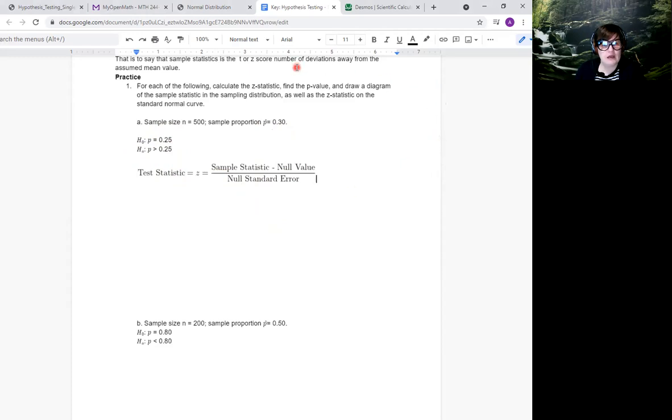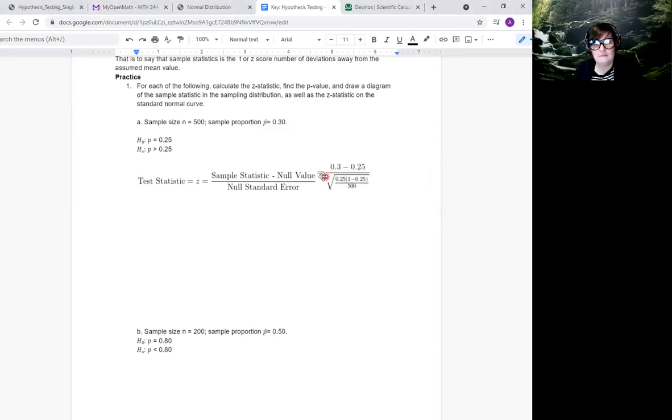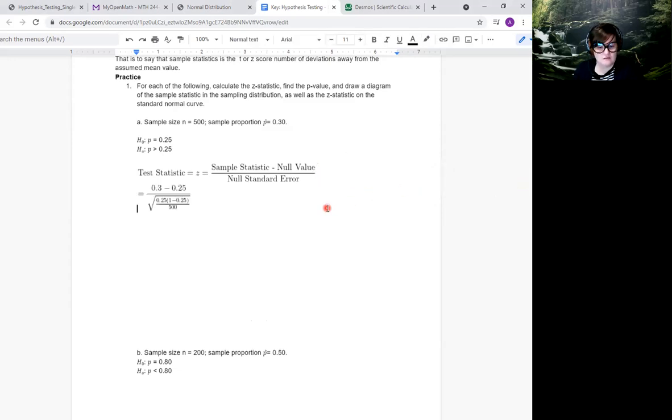Now you can scroll back up and find the null standard error, but I actually have it already written out. Go ahead and paste that. And I think what I'm going to do is hit enter and make that on its own.